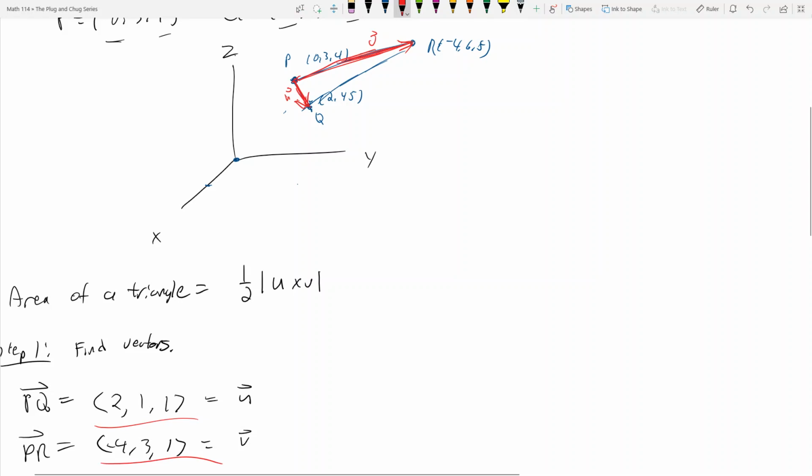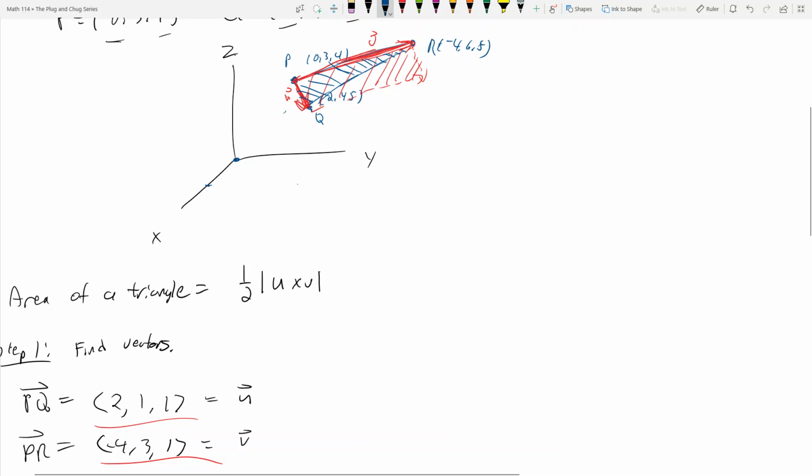When you cross them and you take the magnitude, you're actually finding the area of the entire thing, all right, the parallelogram spanned by u and v. And so we need to take 1/2 because we only want the area of this triangle right here, okay?